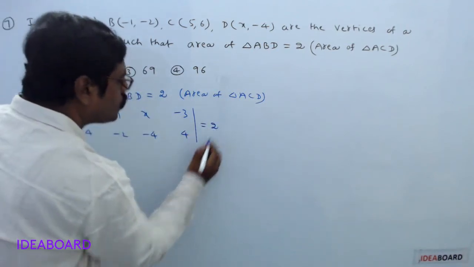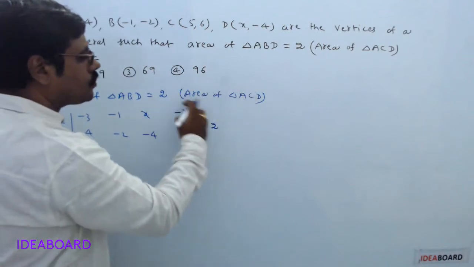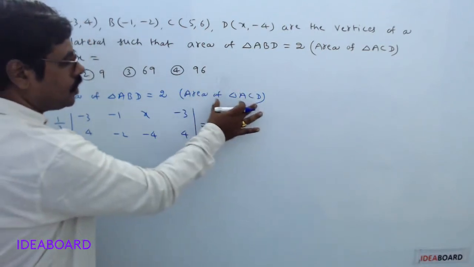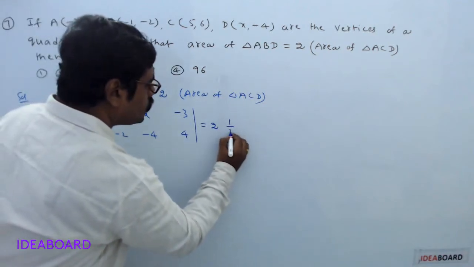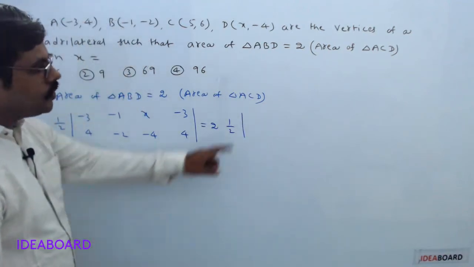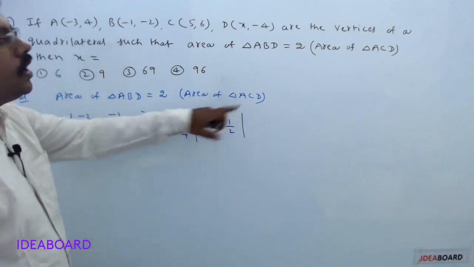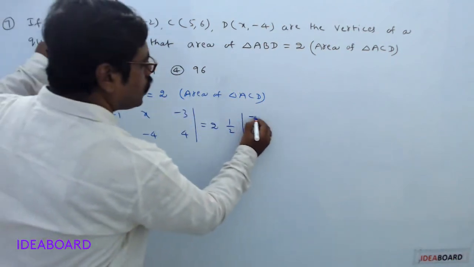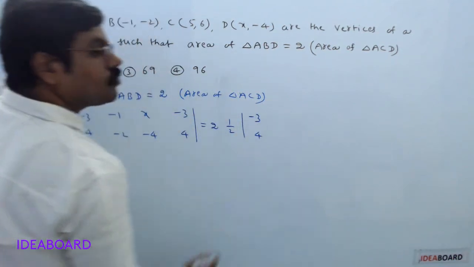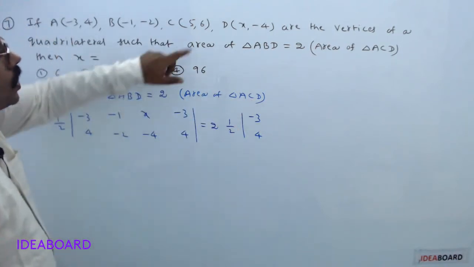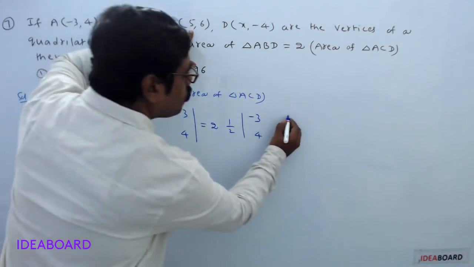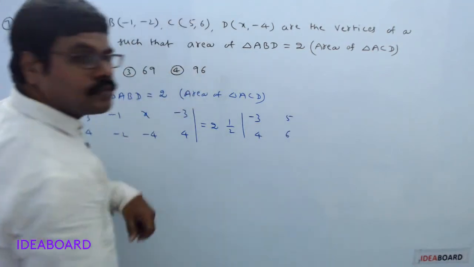Equals to 2 into area of triangle ACD. Write down the formula for area of triangle. This is half modulus of, here first vertex is A, minus 3, 4. Then second point is C. What are the coordinates of C? 5, 6.